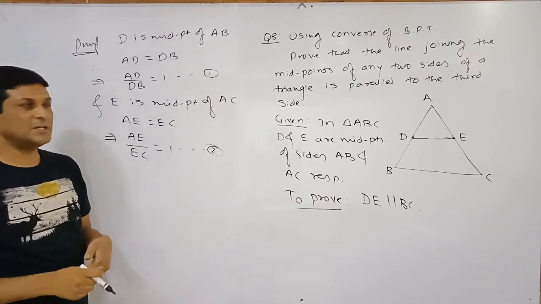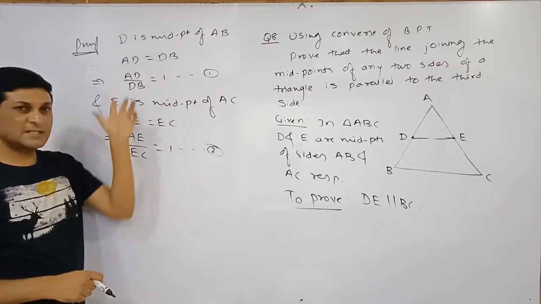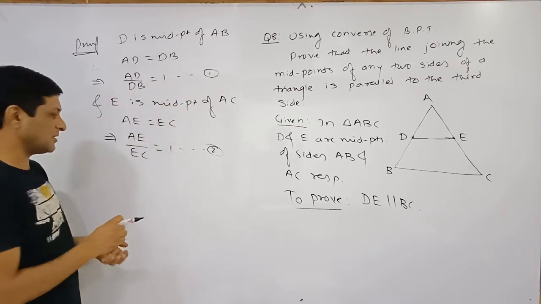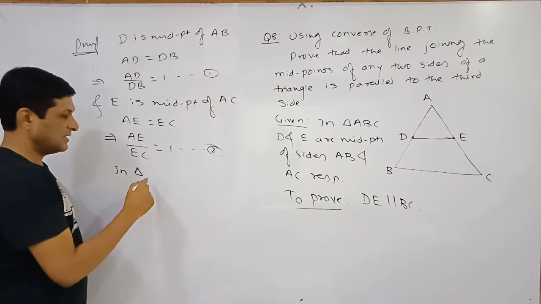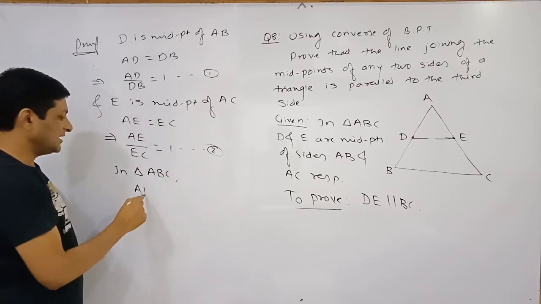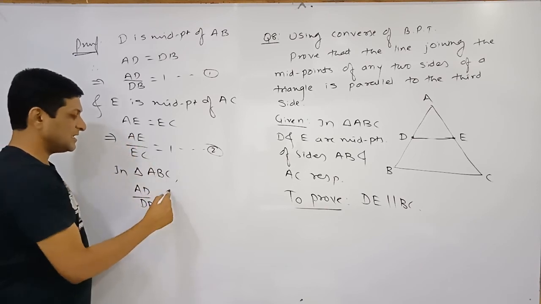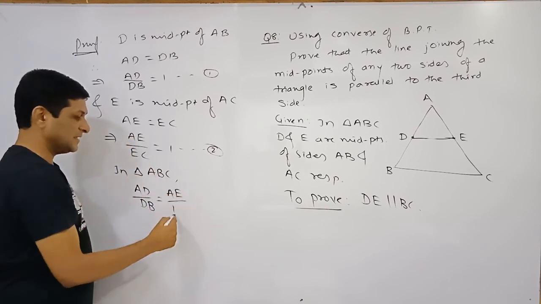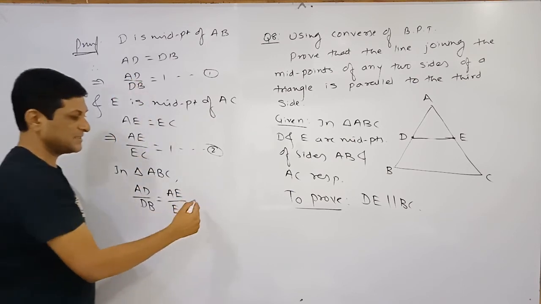Now if you observe, the right hand sides of these two equations are equal. That's why we can say the left hand sides are also equal. So in triangle ABC, the result we have got is AD upon DB equals AE upon EC. Since the right hand sides are equal, the left hand sides are equal.